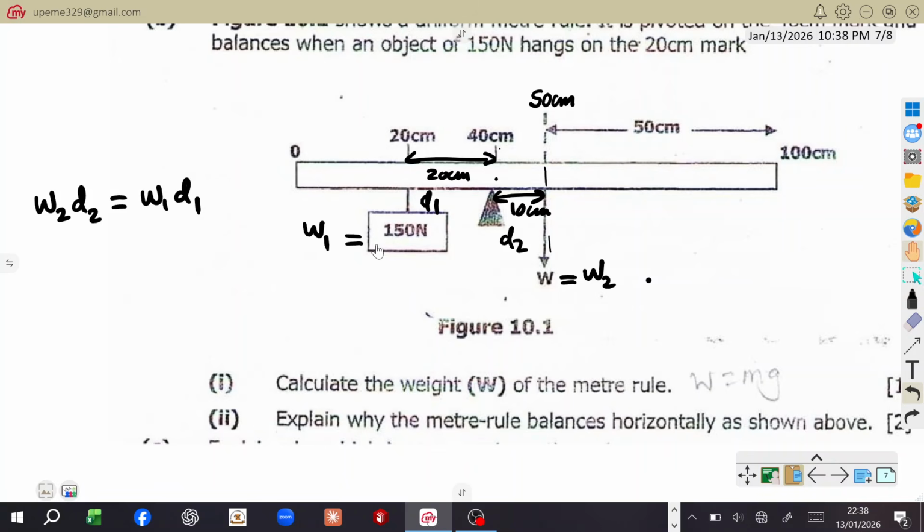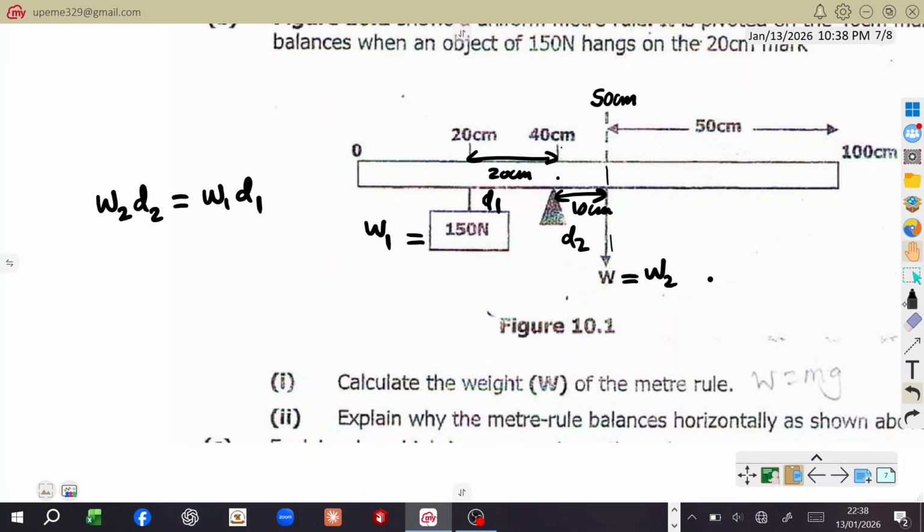Why are we changing? Because we are dealing with weight. So we use weight so that it matches. Then we say, okay, weight 1 is just W. Okay, weight 2 is just W. If we want, we can just put W or leave W2, no problem. Times D2 is 10 there.